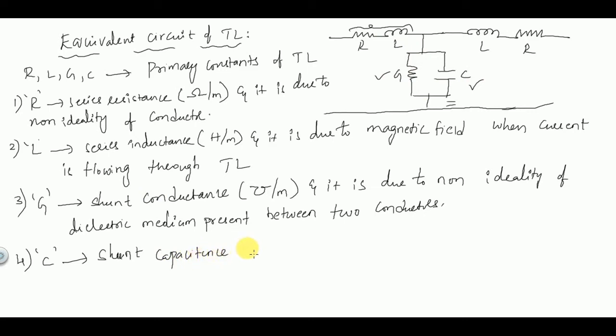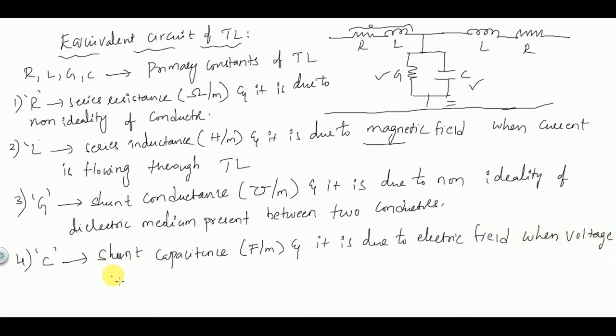Shunt capacitance is measured in farad per meter, and it is due to the electric field when a voltage is applied to the transmission line. Series inductance is due to the magnetic field, whereas this is due to the electric field. So these are the four primary constants of a transmission line.